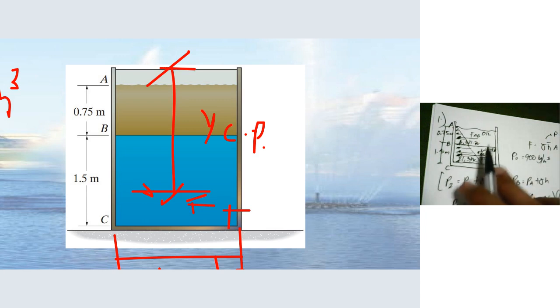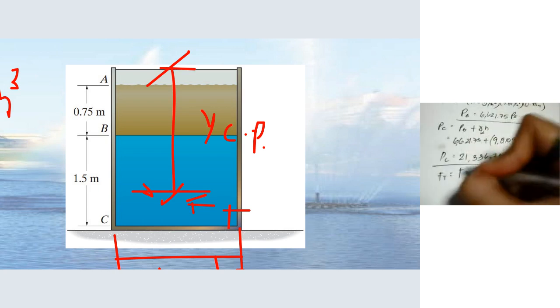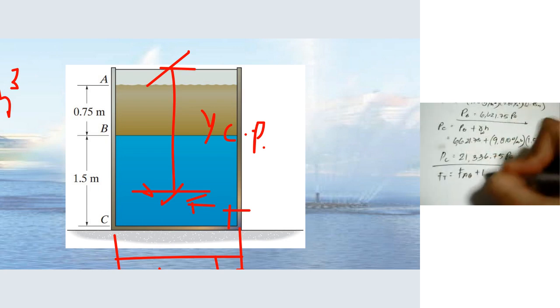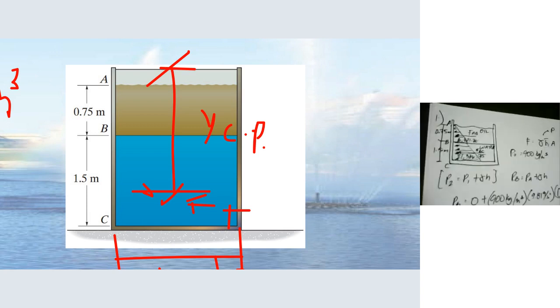Now, once na meron na tayong F sub AB at F sub BC, we can add those two together to get F sub T. O ito yung magnitude ng force na nag-act dito sa surface ABC.